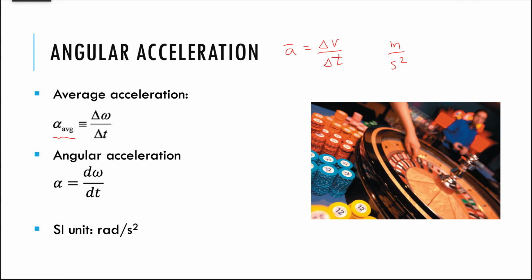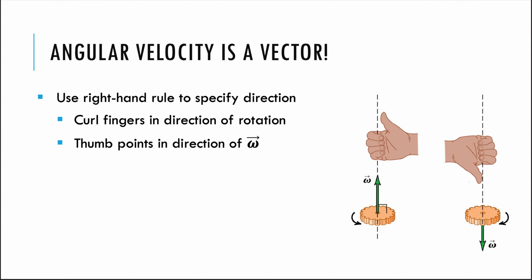One more note is about the direction. We have said that if it's rotating counterclockwise, that's positive, and clockwise, that's negative. However, technically, angular velocity is a vector, and it has to have a direction. The way that we specify its direction is using the right-hand rule.